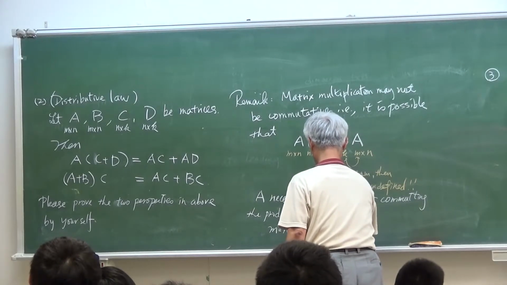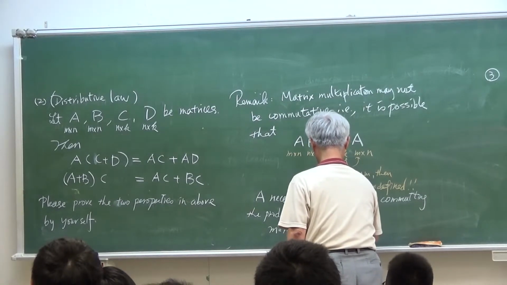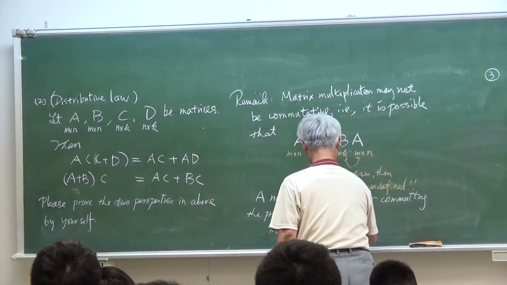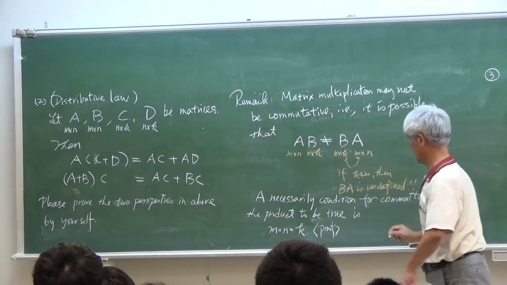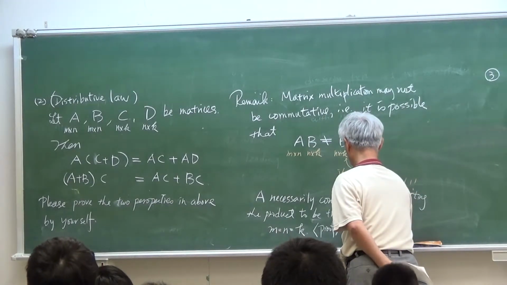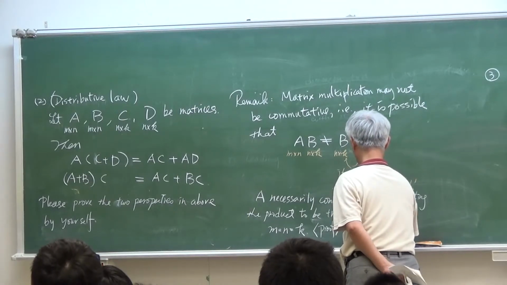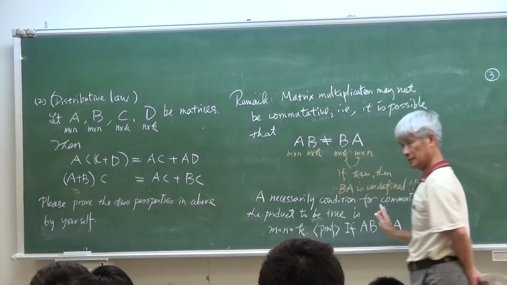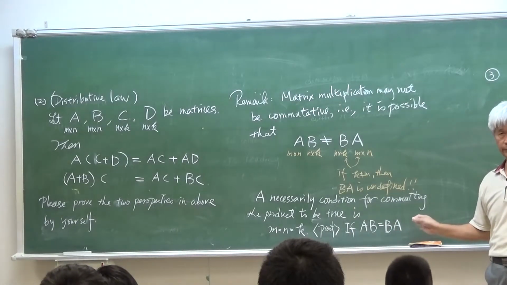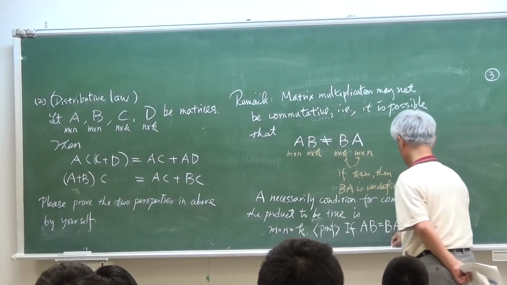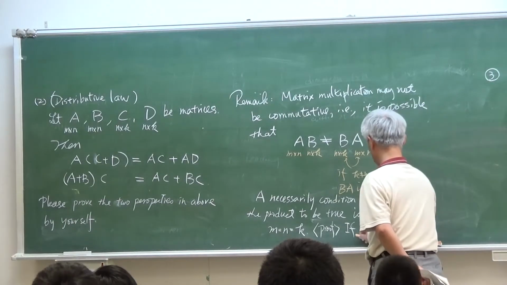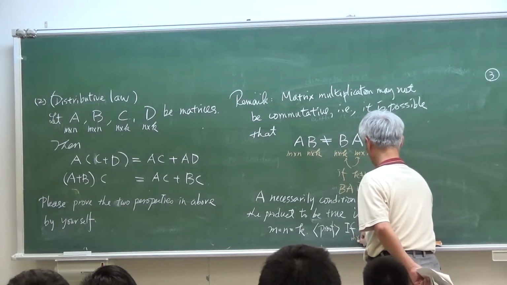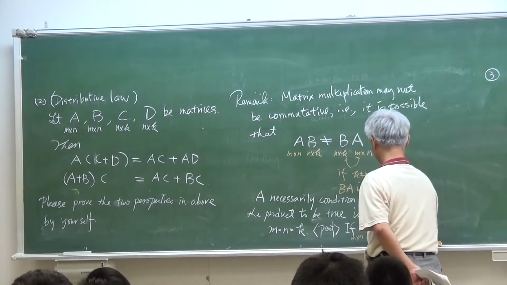Let me give you a proof. Suppose AB equals BA is true. We know that this is m times n and this is n times k in general.